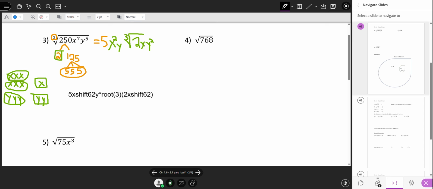Now, 7 plus 6 is 13. 13 plus 8 is 21. I don't do math in my head. 21 is divisible by 3.